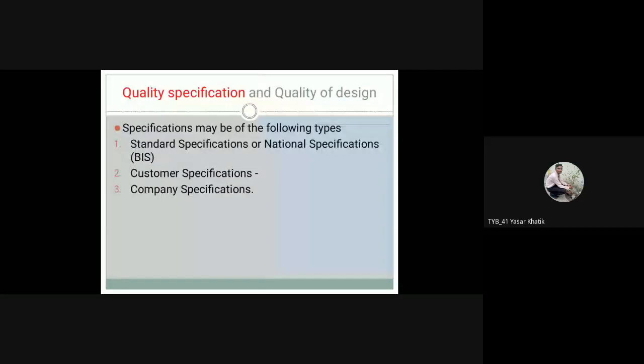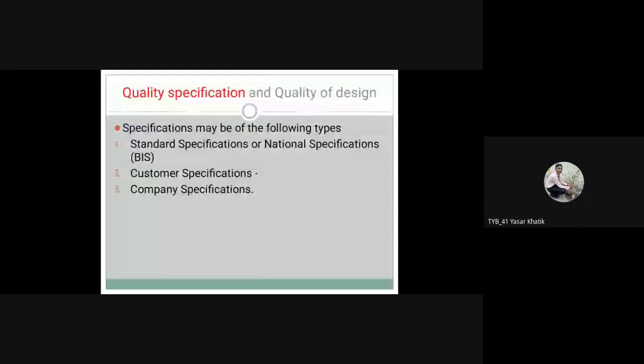Like this way, there is one customized specification. Company specification is exactly vice versa. As per the company rules and their design, they will make some specification and manufacture their type of filter, and they will say, this is the type of filter.